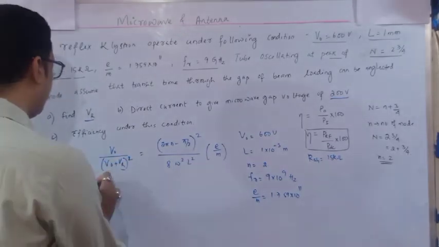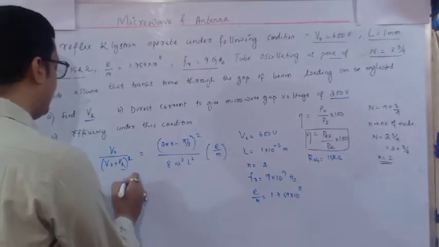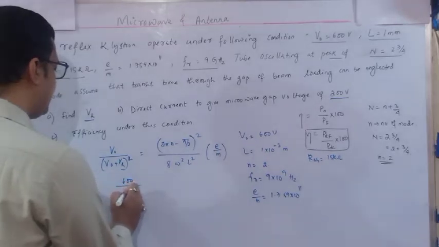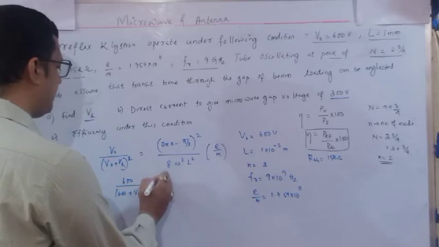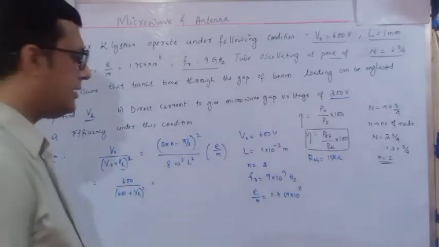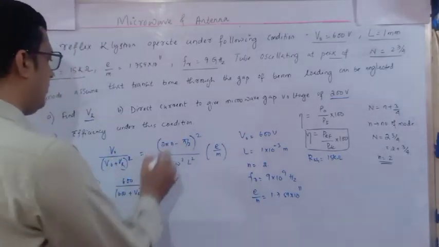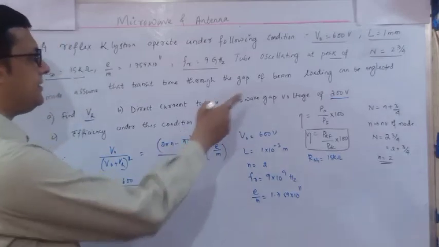So here I will substitute 600 plus VR whole square. Done, left hand side. Next, RHS: it is 2 pi n. N is how much? 2.